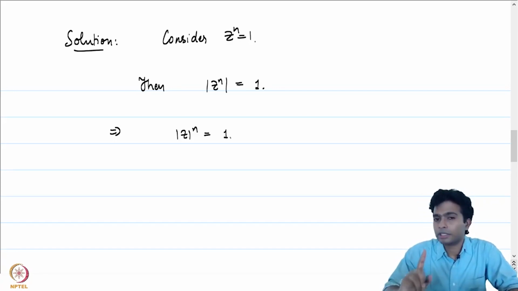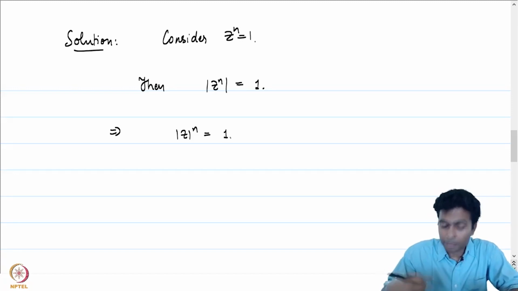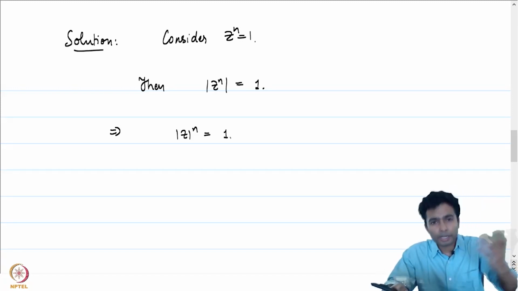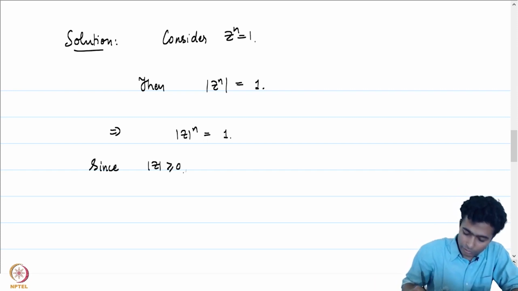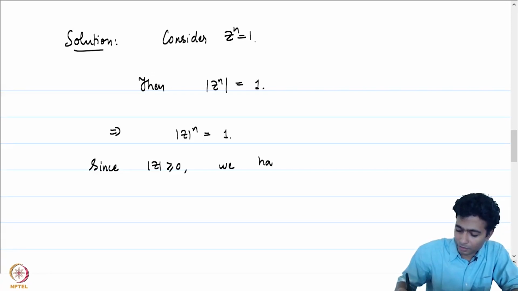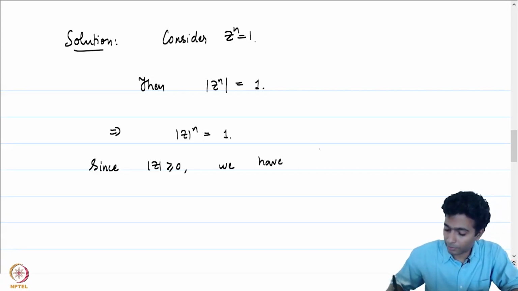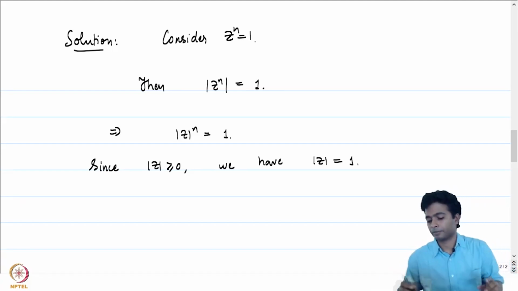But then mod z is non-negative. It's the absolute value of a complex number. So this is a non-negative real number, and hence since mod z is greater than or equal to 0, we have mod z is not equal to minus 1. Because of that, mod z is supposed to be equal to 1.